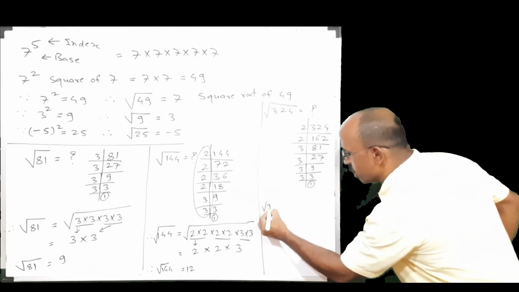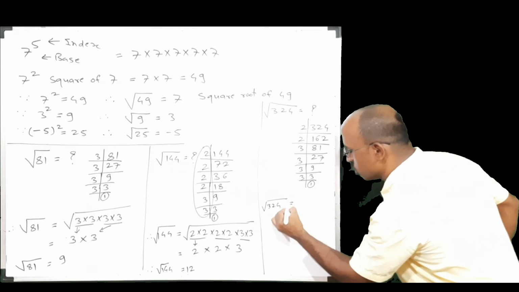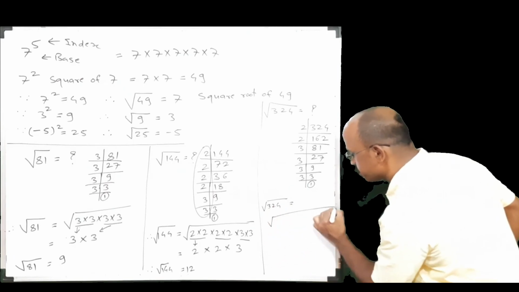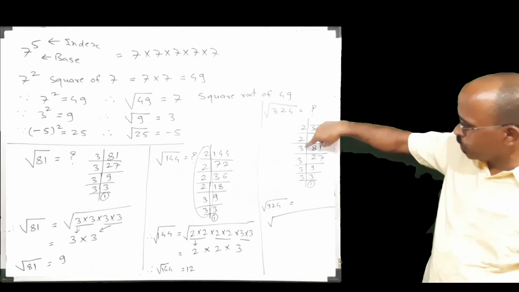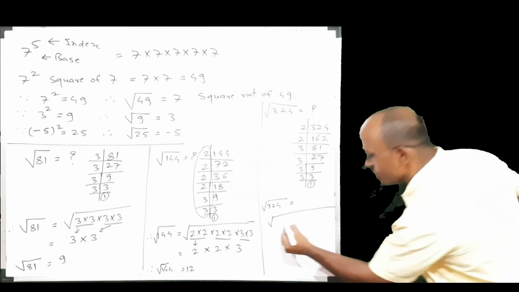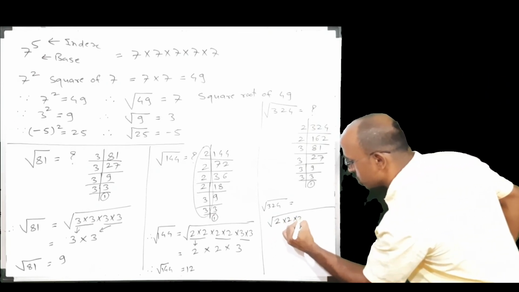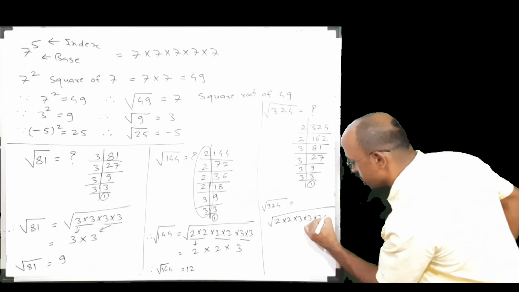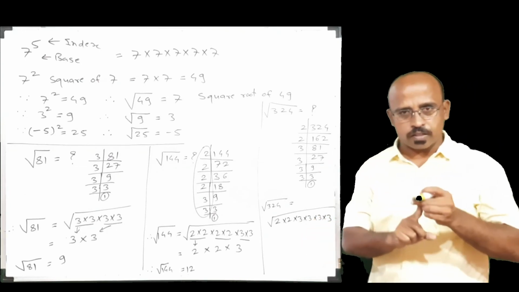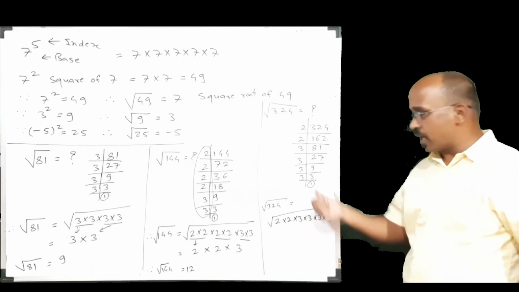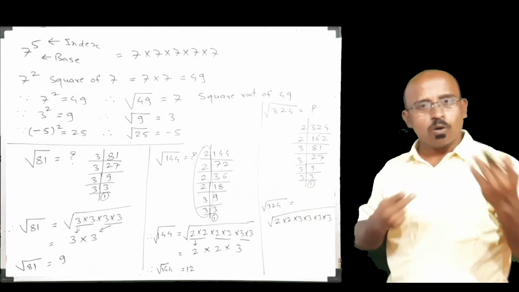So root 324 is equal to, inside the radicand sign, 2 into 2 into 3 into 3 into 3 into 3, right? So first step, factorization over. Second step, write the factors in radicand side over.